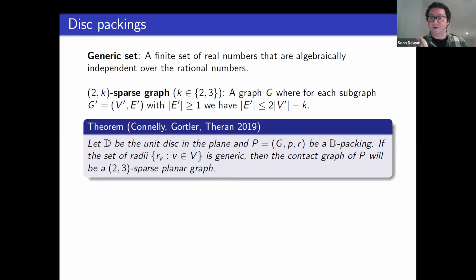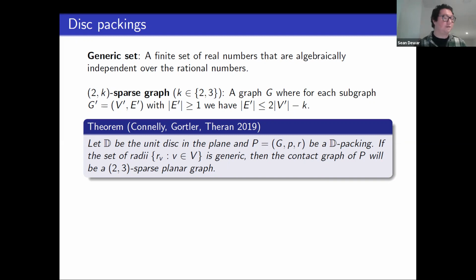Okay? So it's basically saying if I give you a disk packing and you know that the radii are effectively randomly chosen, then you know that almost certainly it's going to have a 2-3 sparse planar graph.